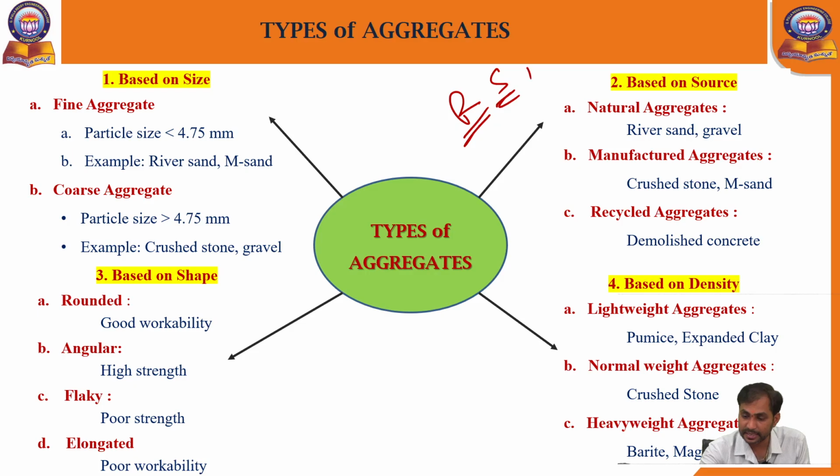Next, desert areas. In rivers sand is available, that is fine aggregate. In seas and oceans fine aggregate is also available, that is sand. Next, in desert areas, fine aggregates are also available, called sand.